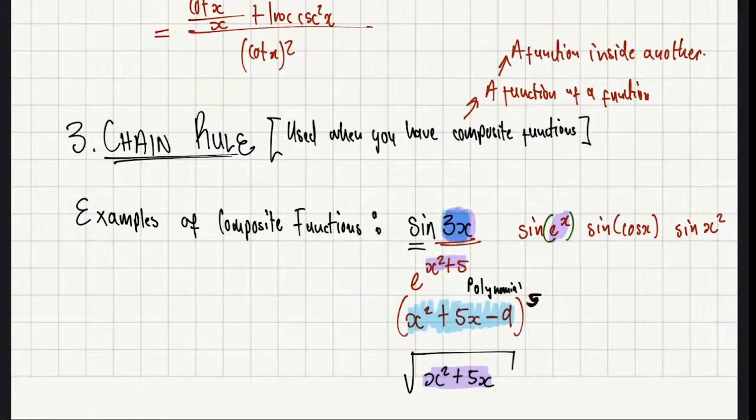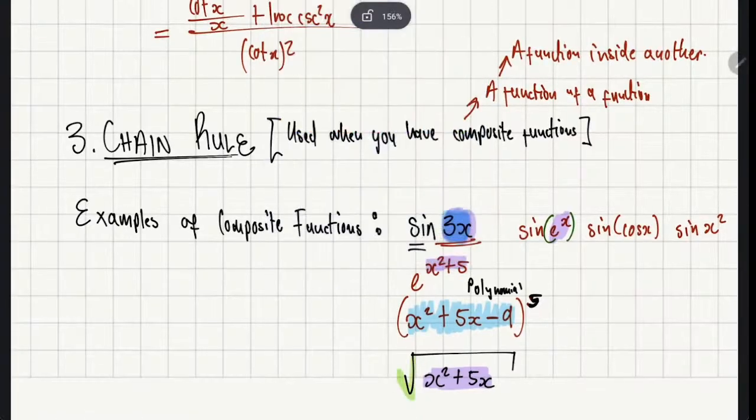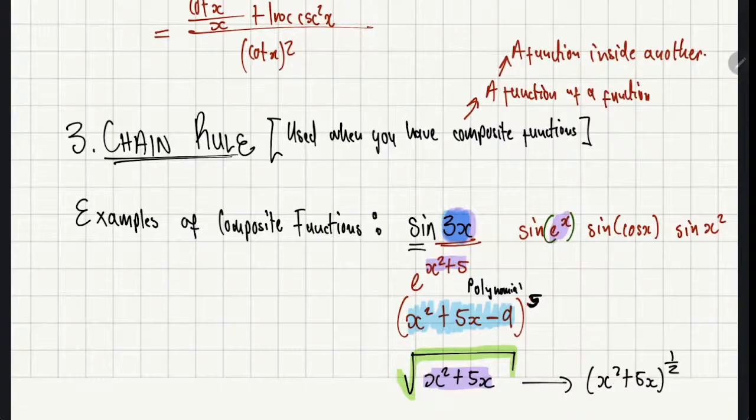But there is a problem. The whole thing is being affected by another power again, because square root means power half. So the whole thing is to the power half. So there are things inside and another function outside. This becomes composite.